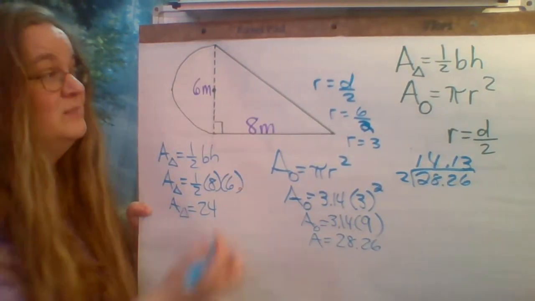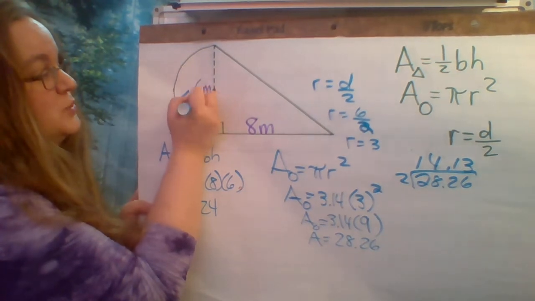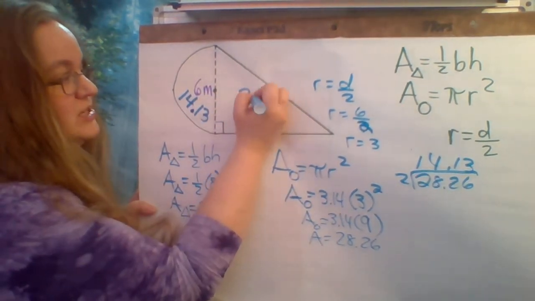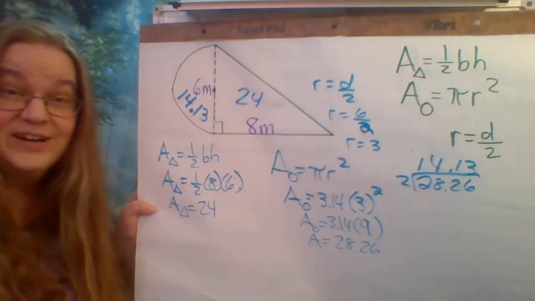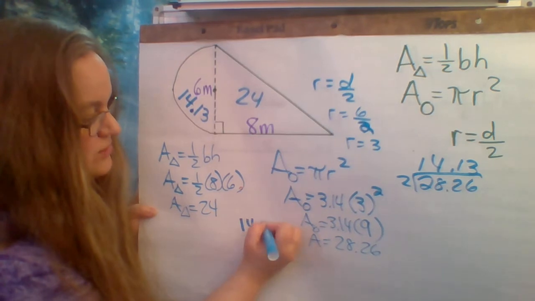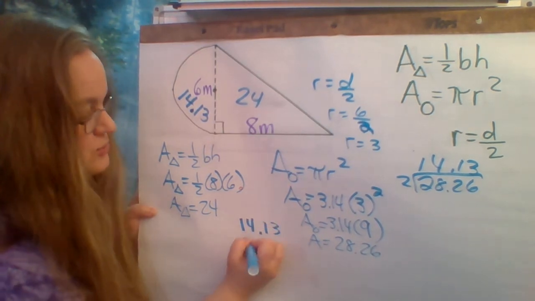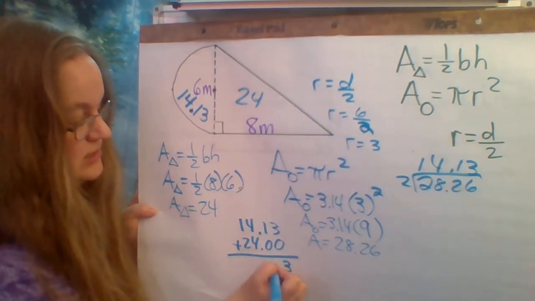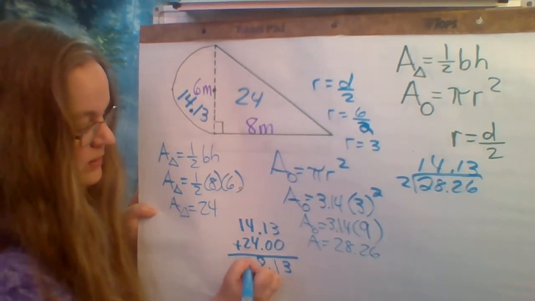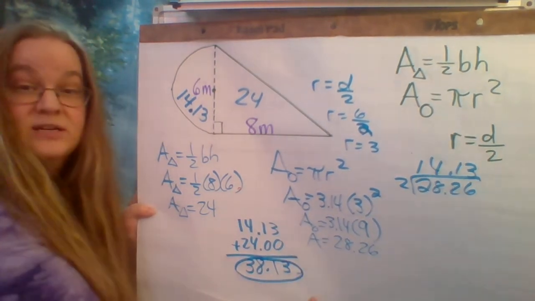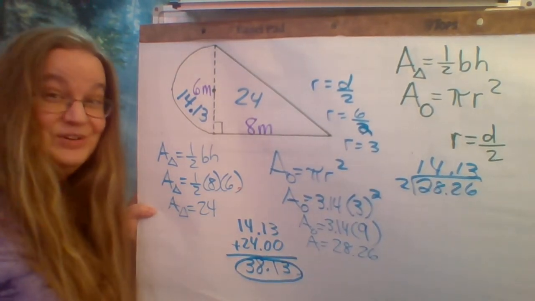Now that I have my area here, this one is 14.13, and the area of the triangle is 24. My final step is just to add those two together. So I take 14.13 plus 24.00. When I add those up, my final answer is going to be 38 and 13 hundredths.